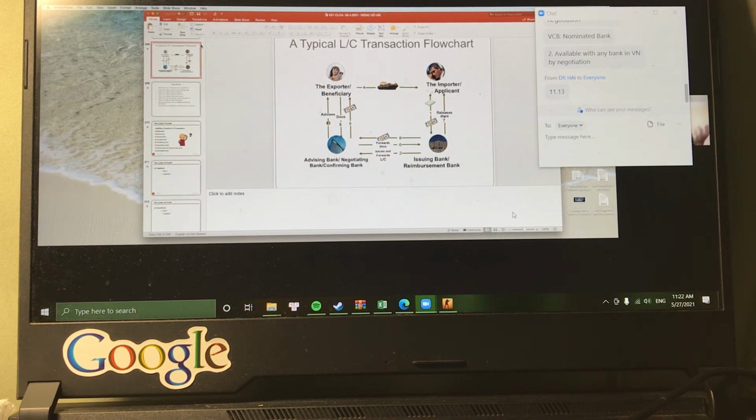So based on definition, you can get paid just when you have compliant presentation, right? Compliant presentation means that the documents comply with LC, comply with UCP, comply with ISBP. So that's why you need to check the contents to make sure that you can have a compliant presentation.